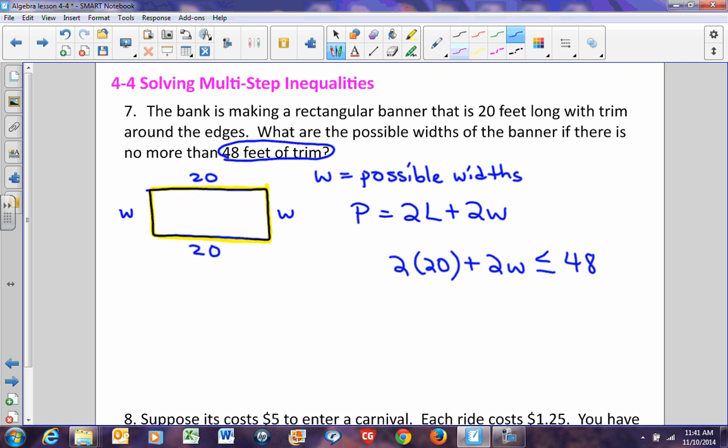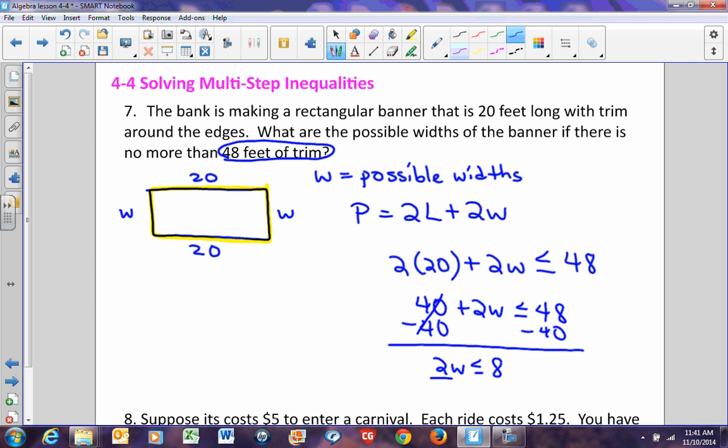So now I simply solve this inequality. 2 times 20 is 40, plus 2W is less than or equal to 48. Subtract 40 from both sides. I will have 2w is less than or equal to 8. Divide by 2. So w is less than or equal to 4. So what are the possible widths?